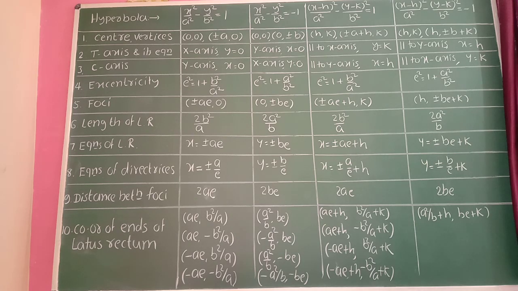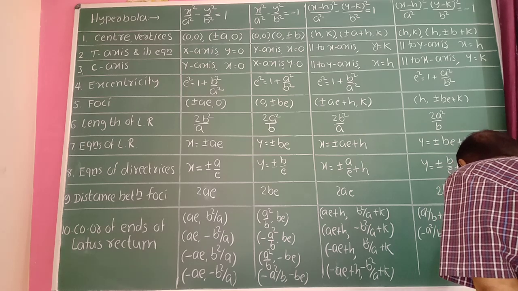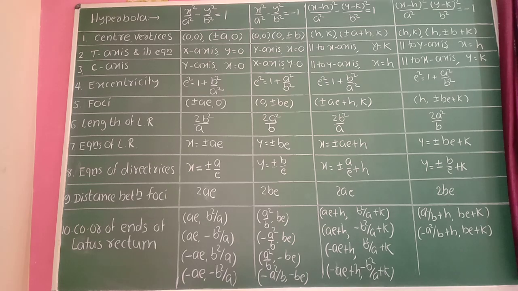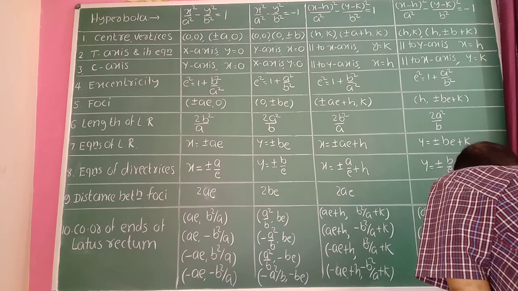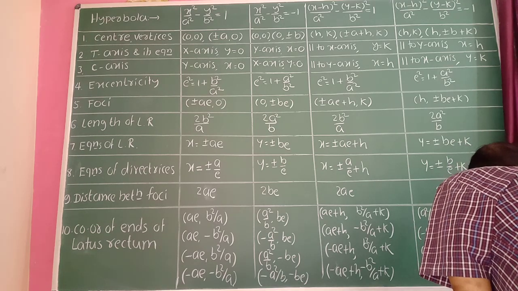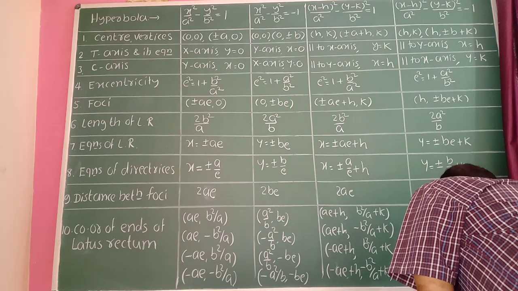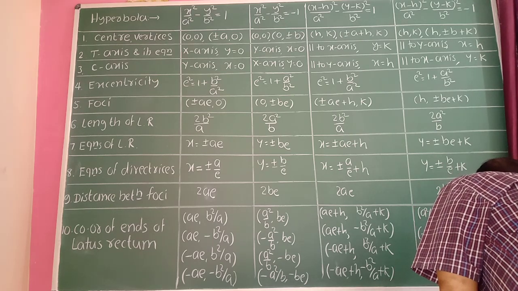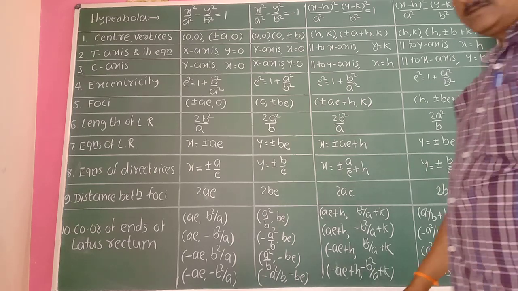Then the second quadrant, minus a squared by b plus h comma b plus k. Then the fourth quadrant, a squared by b plus h comma minus b plus k. Then the third quadrant, minus a squared divided by b plus h comma minus b plus k. So these are the ends of the latus rectum of the hyperbolas.